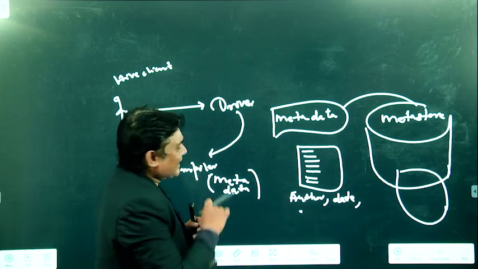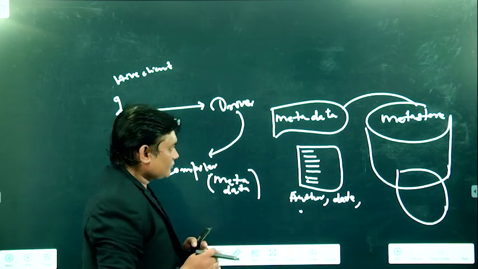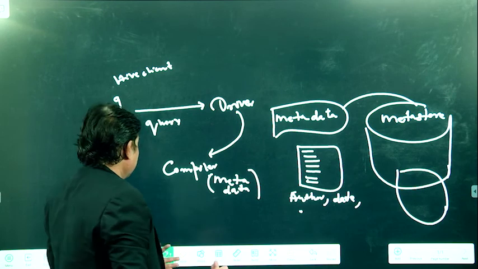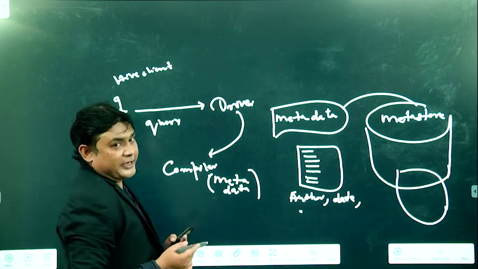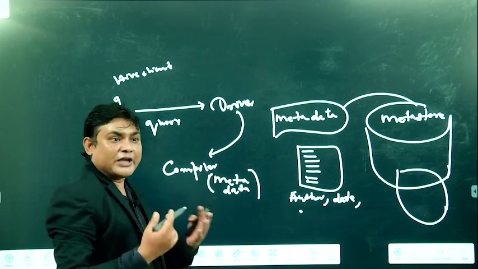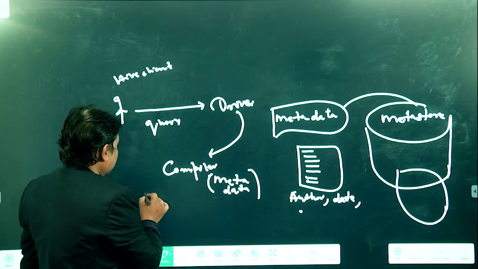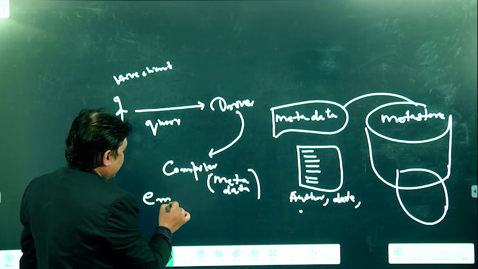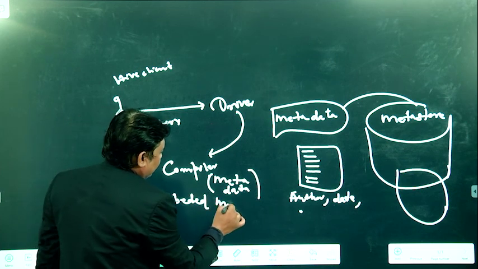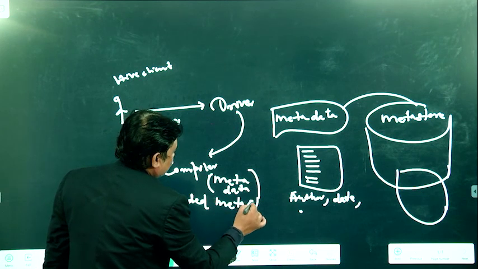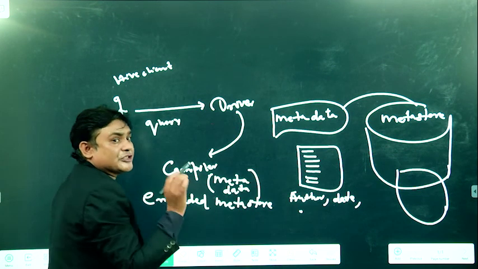Now generally, if you install Hive, there is a default metastore, which is called the embedded metastore. The embedded metastore is a type of metastore which comes by default when you install Hive.